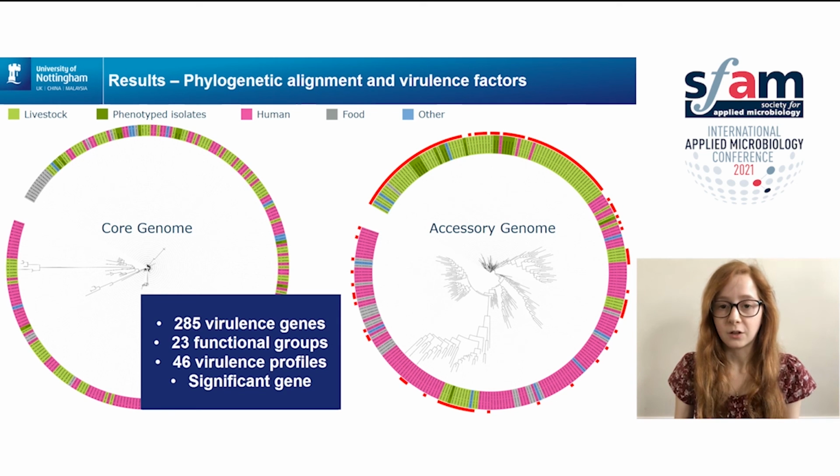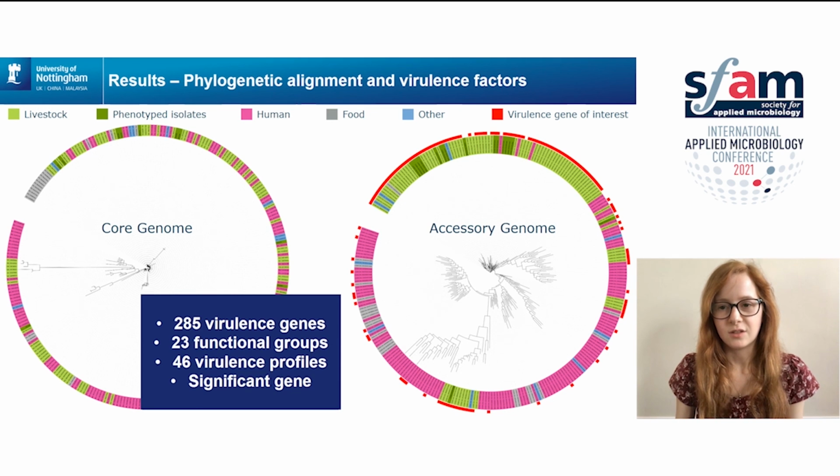The functional groups included genes associated with type 3, 4 and 6 secretion systems, chemotaxis, ferric uptake, fimbriae, flagella and Vi antigen production. Most excitingly, we identified virulence genes significantly associated with livestock isolates, confirmed using a Fisher's exact test. The presence of this gene is indicated by a red bar on the accessory alignment here.